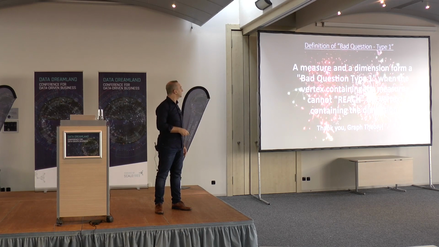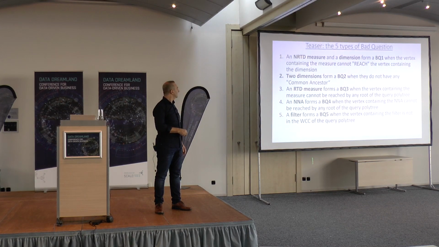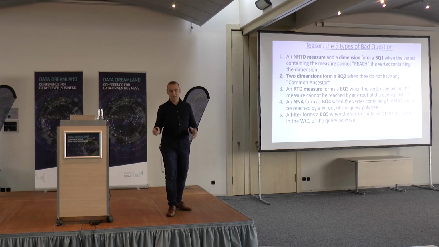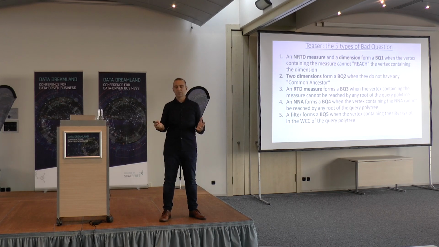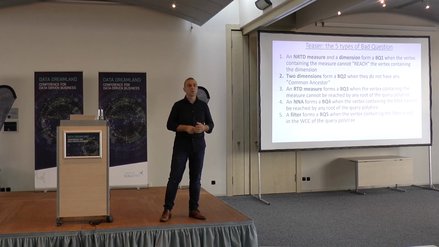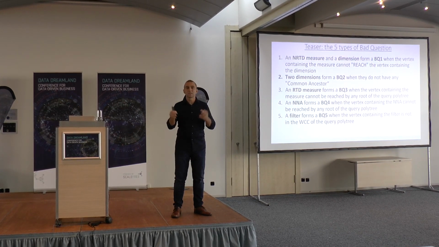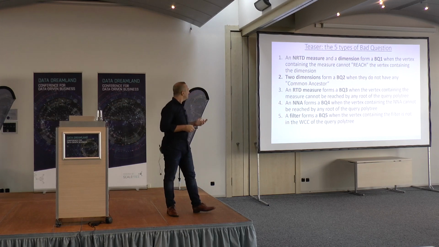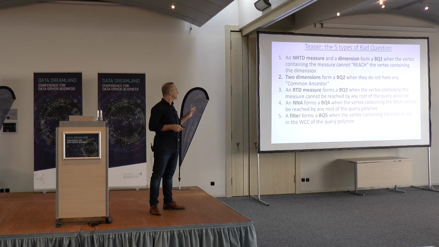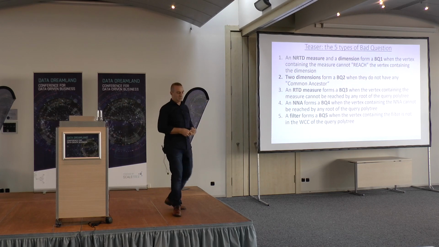A weakly connected component is the equivalent concept for directed graphs. It's a block of islands without water in the middle, islands that somehow are connected. Maybe you can go only one way, but everything is reachable somehow. So a filter forms a bad question type 5 when it is not in that group of tables.